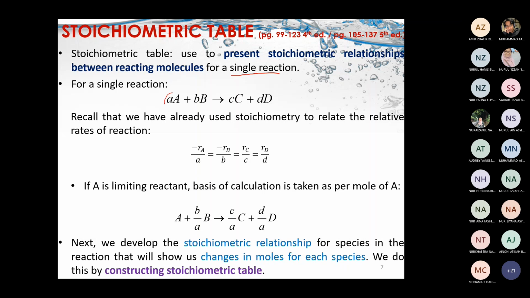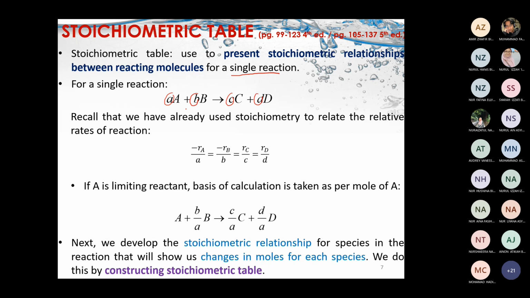So what does it mean by stoichiometry? It is by looking at these small letters here, which are a, b, c, and d. We recall what you learned in topic number 1, used to relate the stoichiometry with the relative rate of reactions.